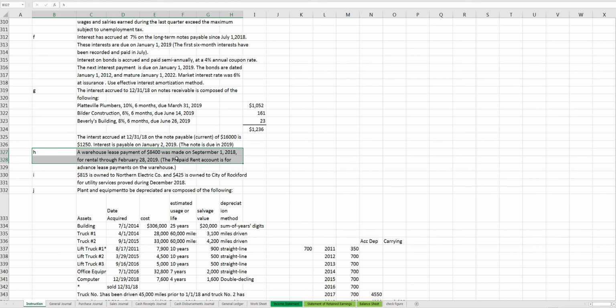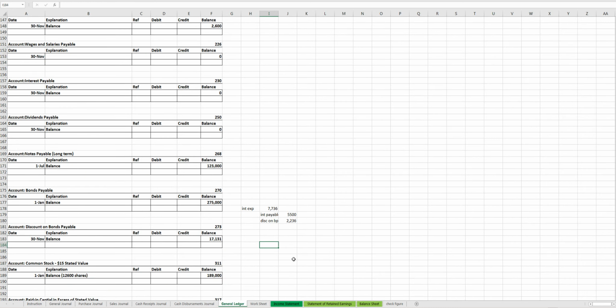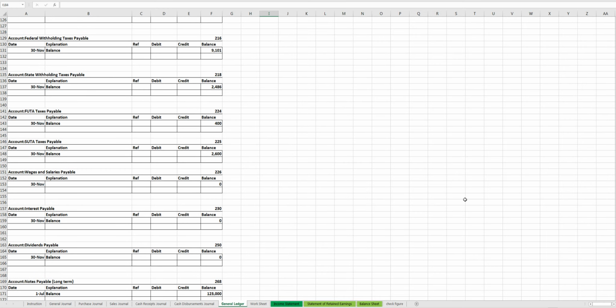So we prepaid 6 months of warehouse rent, and by the end of the year, we're going to expense 4 months, from September to December. So we're going to expense 2/3 of $8,400.